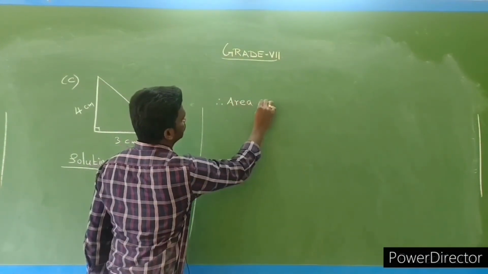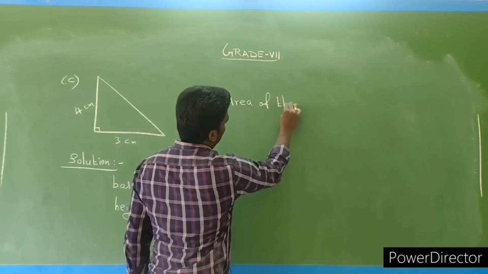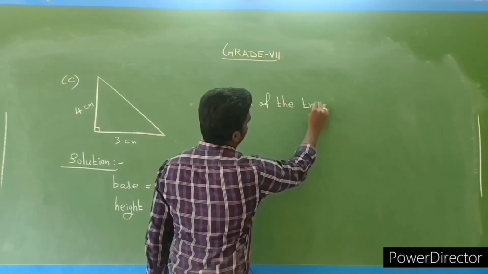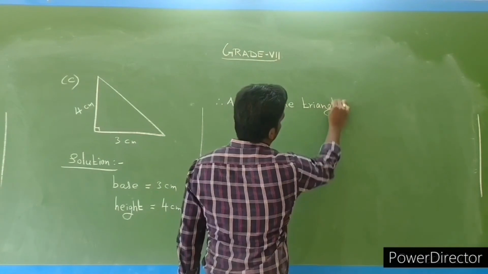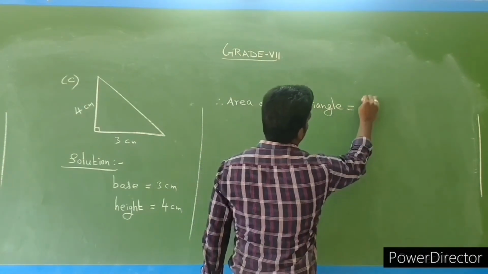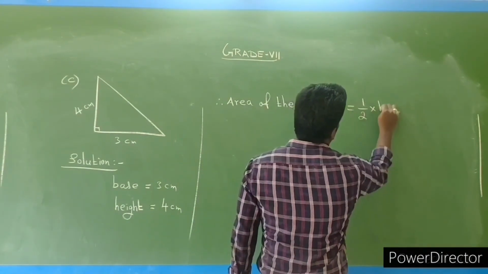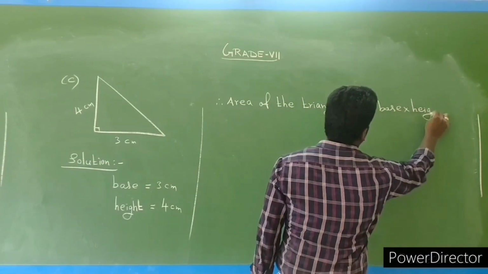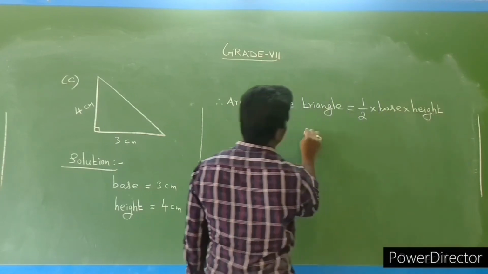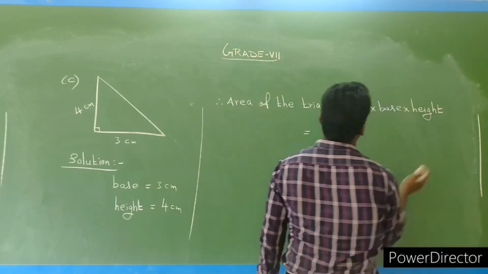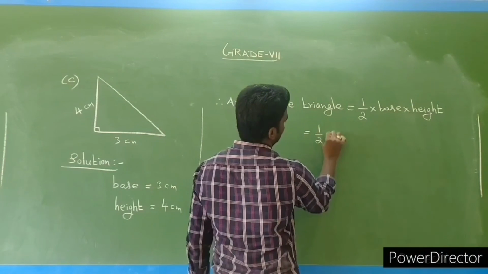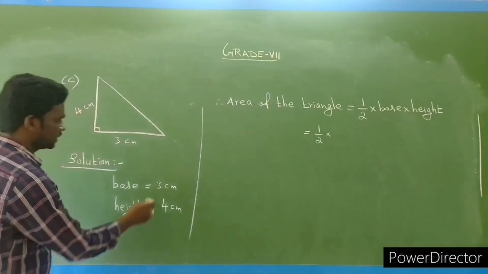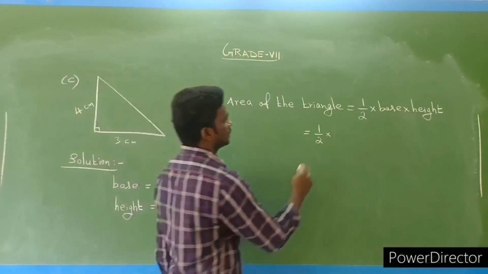Therefore, area of the triangle is equal to what is that? Half of base into height. Which is equal to half into the base value is 3 centimeter and height is 4 centimeter.